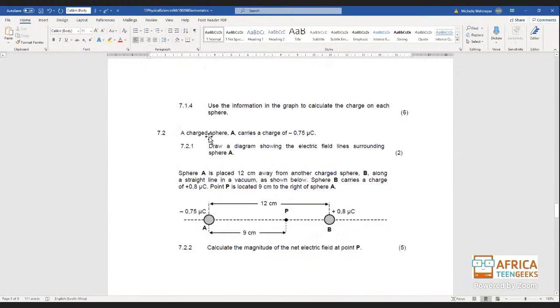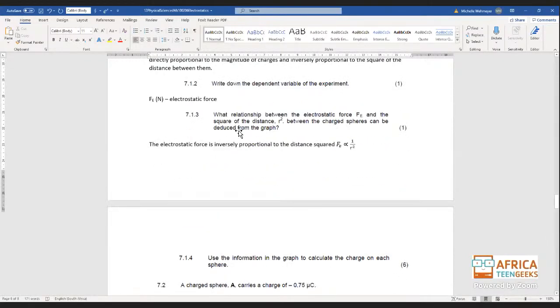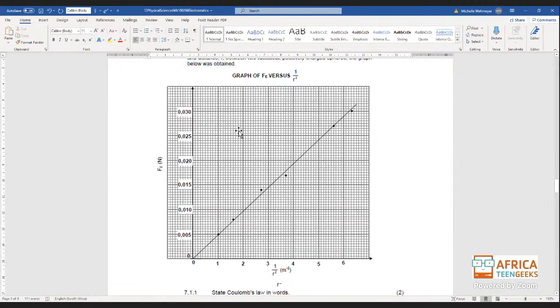Okay. Then question 7.1.4, they ask you to use the information in the graph to calculate the charge on each sphere. So I'm just going to copy this graph and take it to my whiteboard.